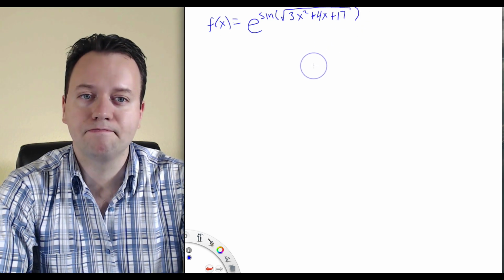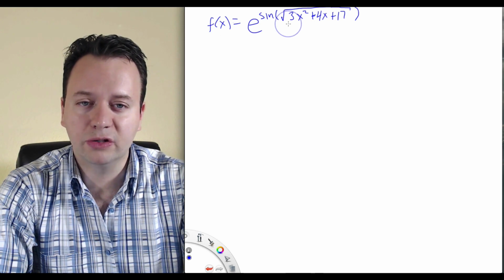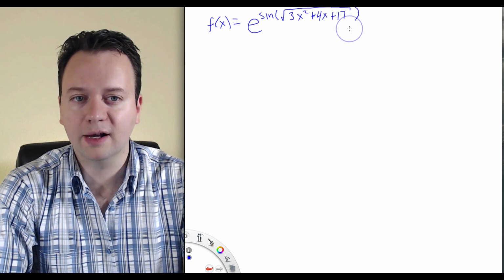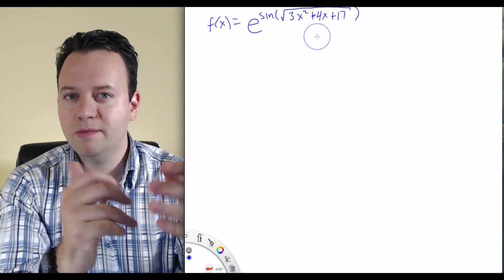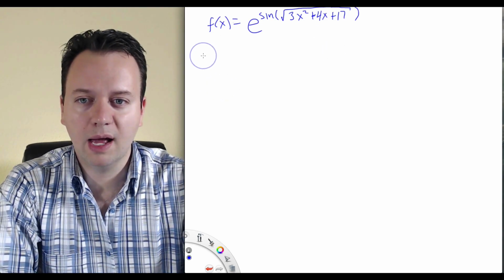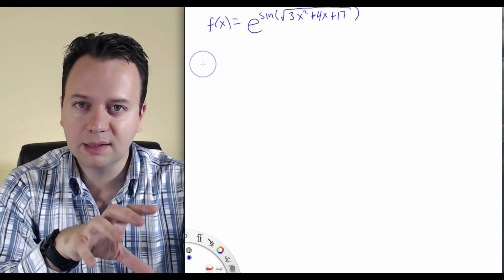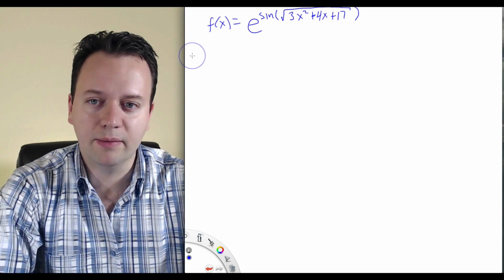Just like that: e to the sine of the square root of 3x squared plus 4x plus 17. A couple chain rules going on. So you might imagine a function like this. It's not that far-fetched that we would want to link together the chain rule a few times.